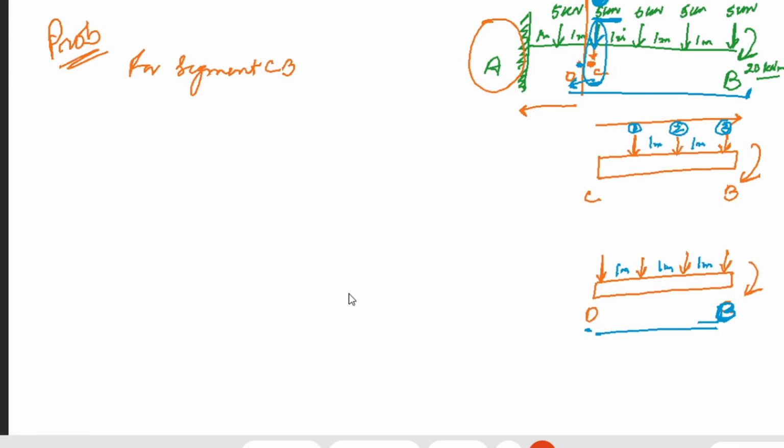But in case 1 and in case 2, the difference is that in case 1, point C is that point where there is a point load of 5 kilonewton, and point D is that point when I have left point C and moved towards D. The first point there is D, and in that case one more load will get incorporated.